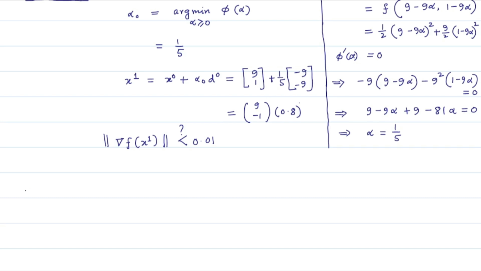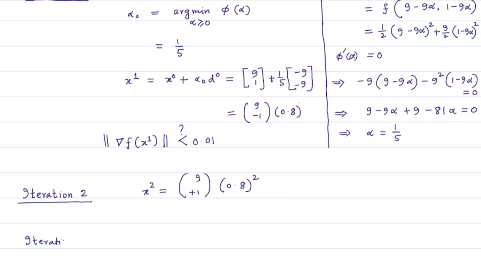So we proceed to the next iteration, iteration 2, where I give a home task that you please check that the next iterative point x2 is given by 9 times (1, 1) times 0.8 square.